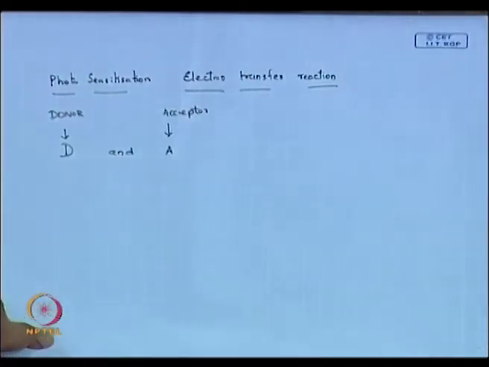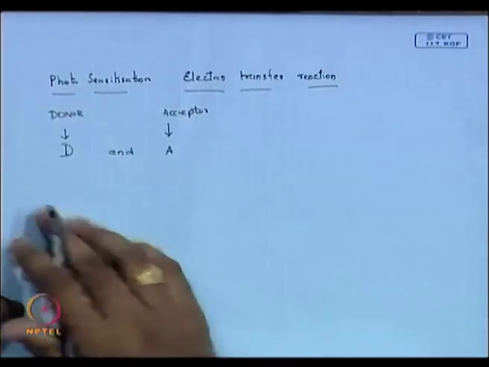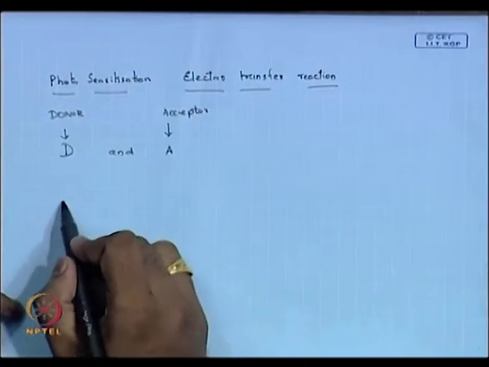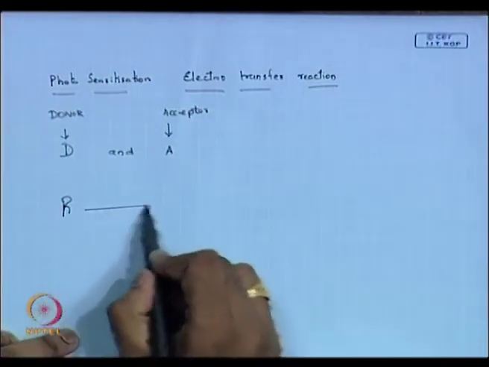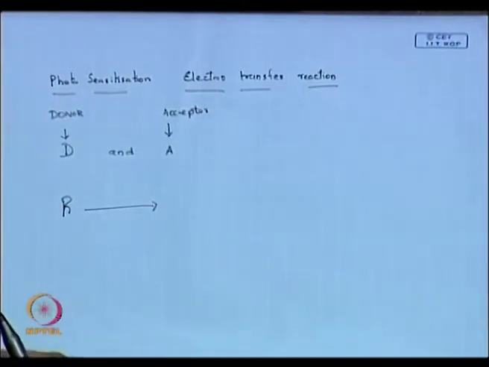Okay. So, how this chemistry works is that you take a reactant R. You are not going to excite your reactant, right. What you are going to do is excite your donor or acceptor.